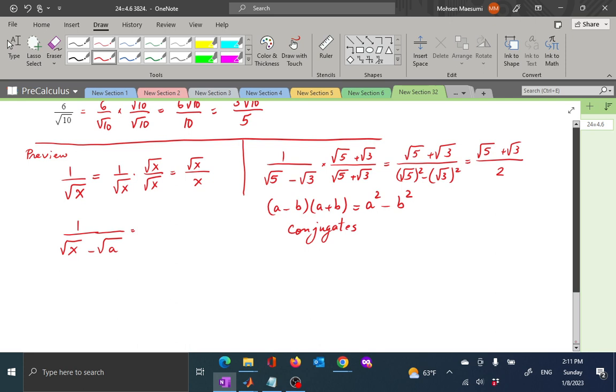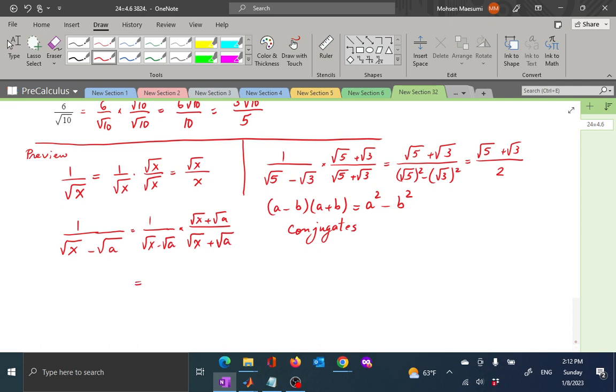If you have this thing, you multiply it by, well, this is just like the problem we did up here. You multiply by the conjugate, which is the same two radicals added to each other. Well, what happens? Radical x plus radical a comes up in the numerator. In the denominator, either of these two gets squared, and as a result you have x minus a.